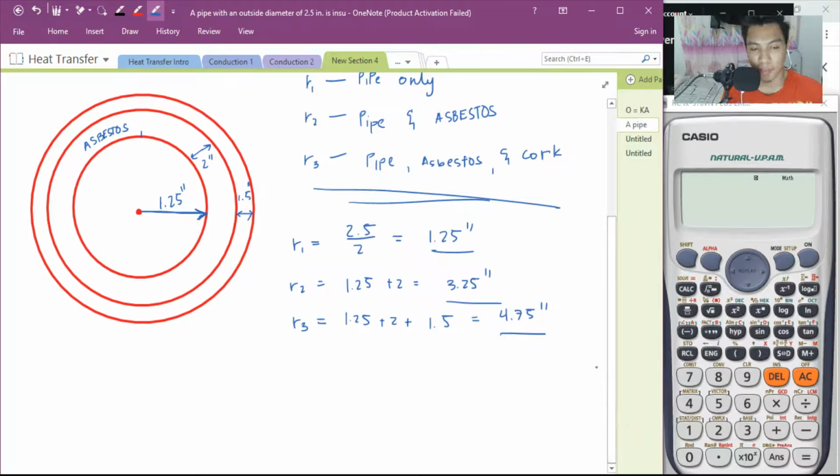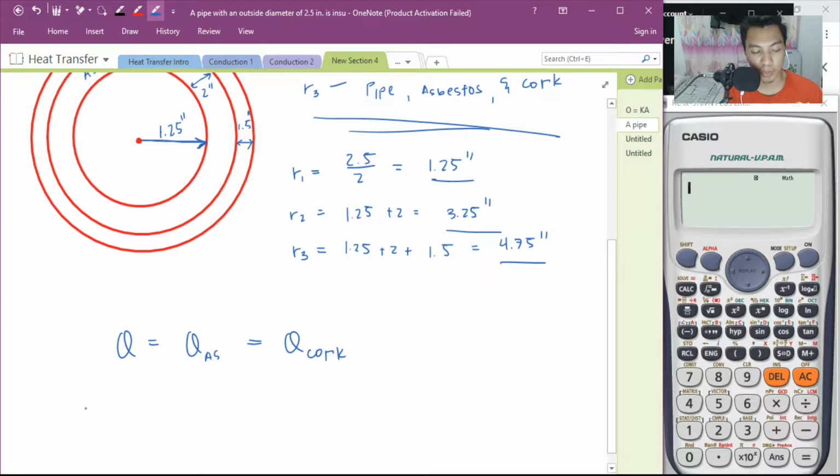Sir, may binigay bang film coefficient? Actually, wala. So, paano gagamitin natin dito? That Q is equal to Q nung sa asbestos equal to Q nung sa cork. Yan.